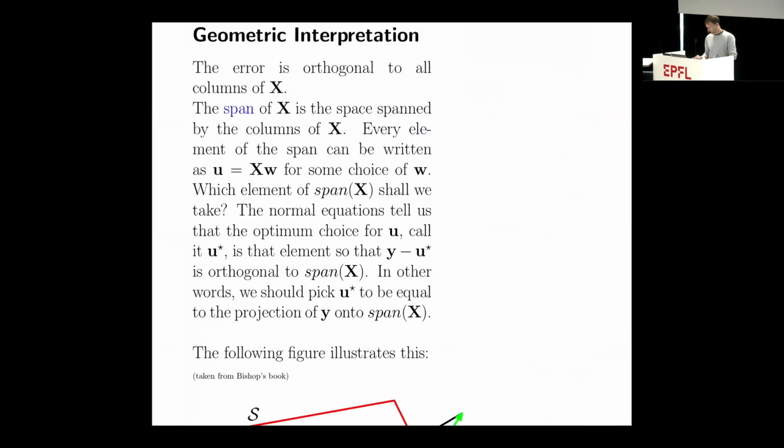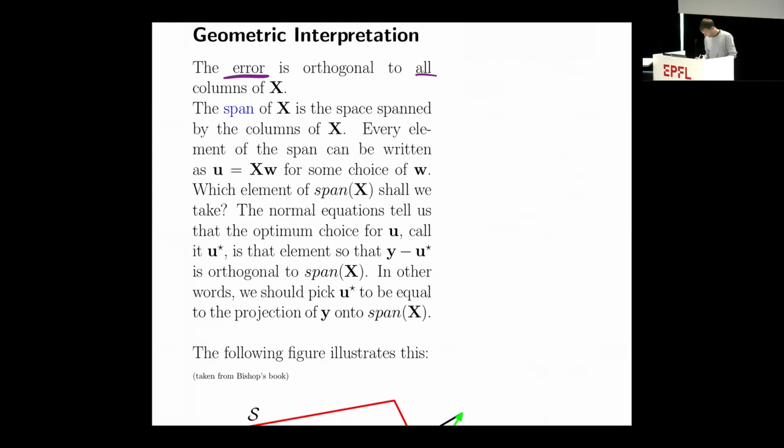As we already said, it means that every row of this thing is orthogonal to the E vector. These rows of that thing were actually the columns of X, of our data.